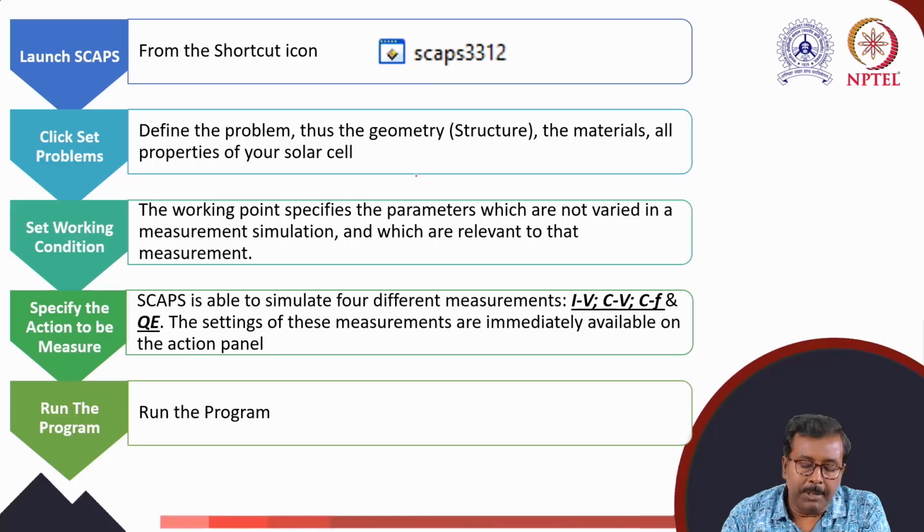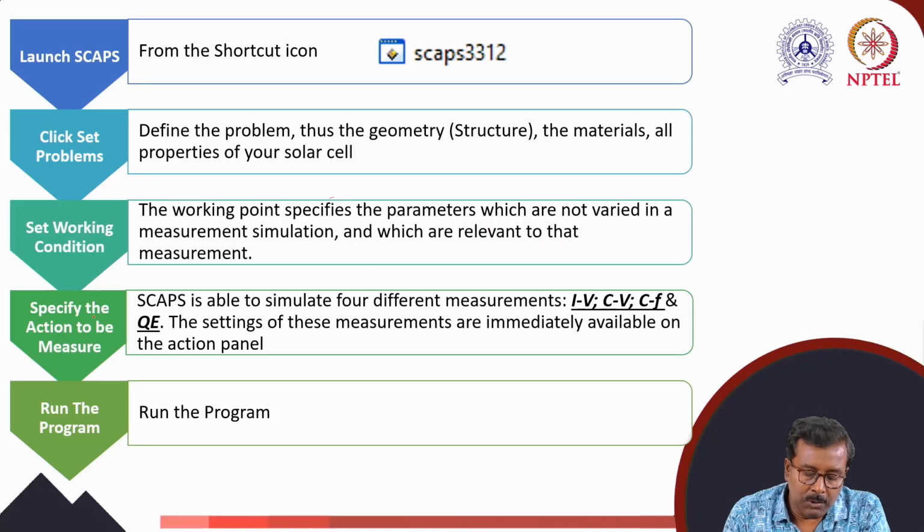These are the steps summarized. First launch SCAPS, go to set problem, and define the problem: the geometry, structure, materials, all properties of your solar cell. Then you go to the working condition. Working point specifies the parameters which are not varied in a measurement simulation and which are relevant to that measurement.